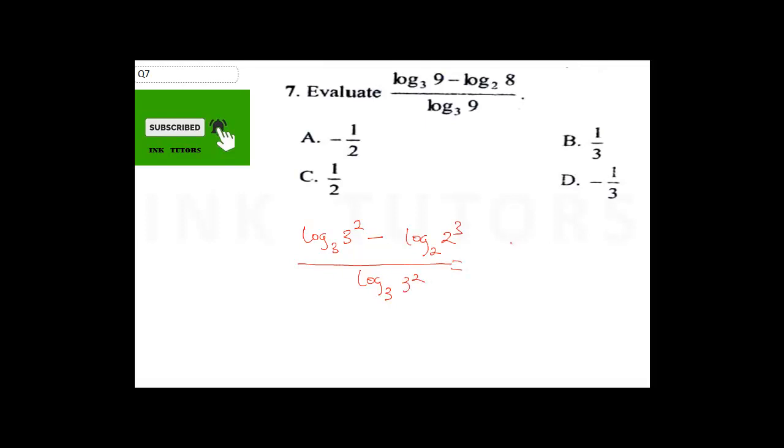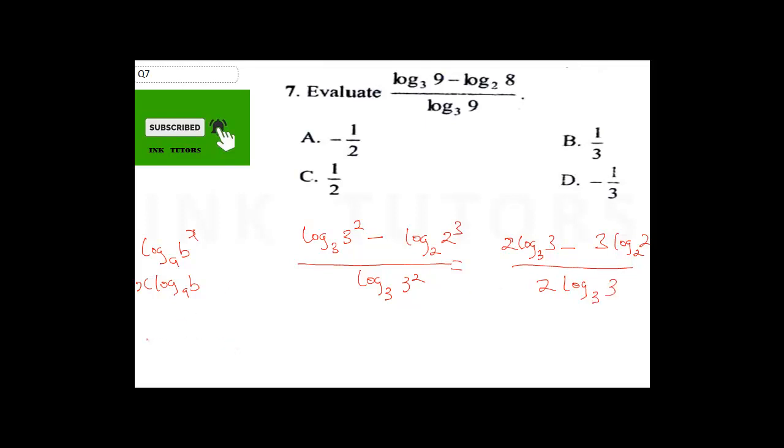Now this means, in logarithm, if you have log of a raised to power x, this can be represented as x log a. So this means it's going to be 2 log 3 minus 3 log 2, divided by 2 log 3.